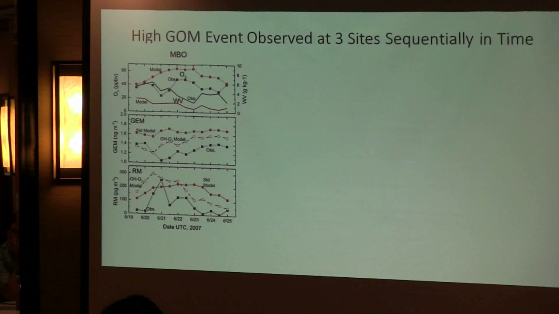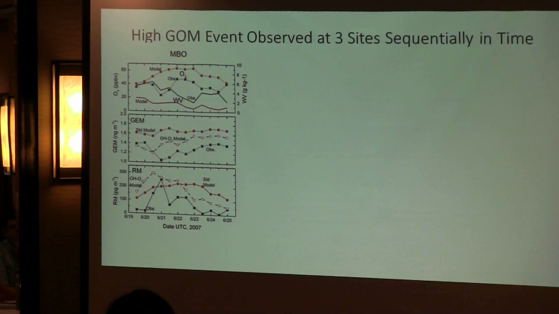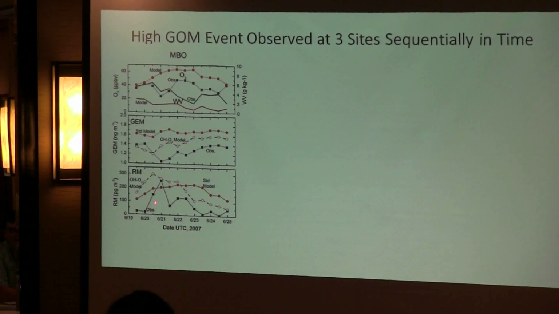Okay, we looked up close at an event. This was an interesting event of high reactive mercury, but largely dominated by GOM. It was observed sequentially at 3 sites. So from west to east, you can see the black line down here is the reactive mercury.